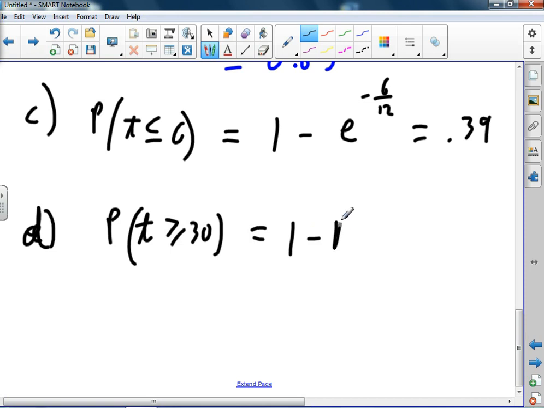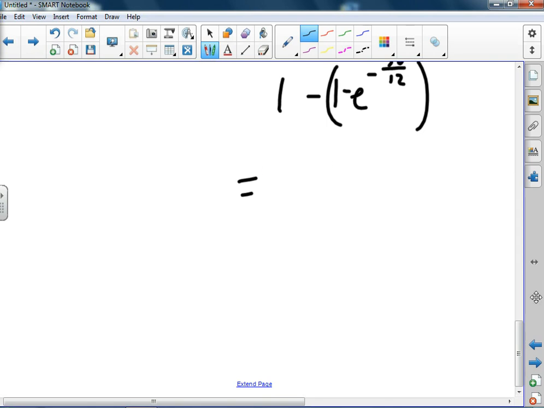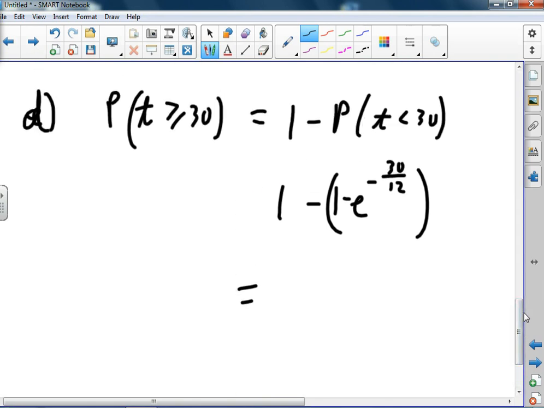So it'd be 1 minus the probability t is less than 30. 1 minus, parentheses, 1 minus e to the minus 30 divided by 12, close parentheses, 0.082. Okay?